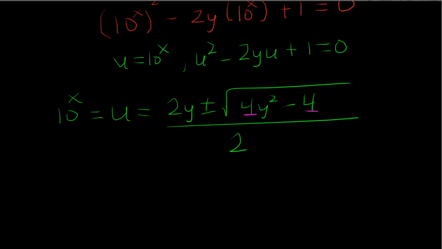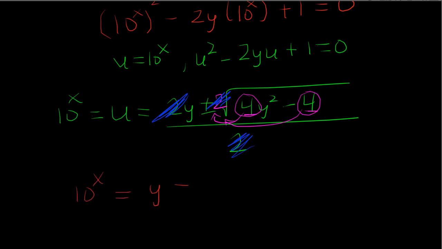We can factor out a 4, and then it comes outside the square root as a 2, and then we can cancel out the 2's. So we really have 10 to the x is equal to y plus or minus the square root of y squared minus 1.